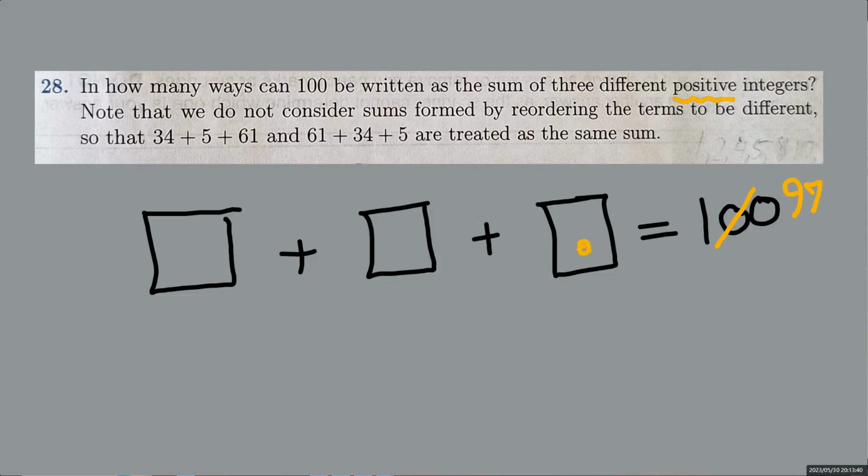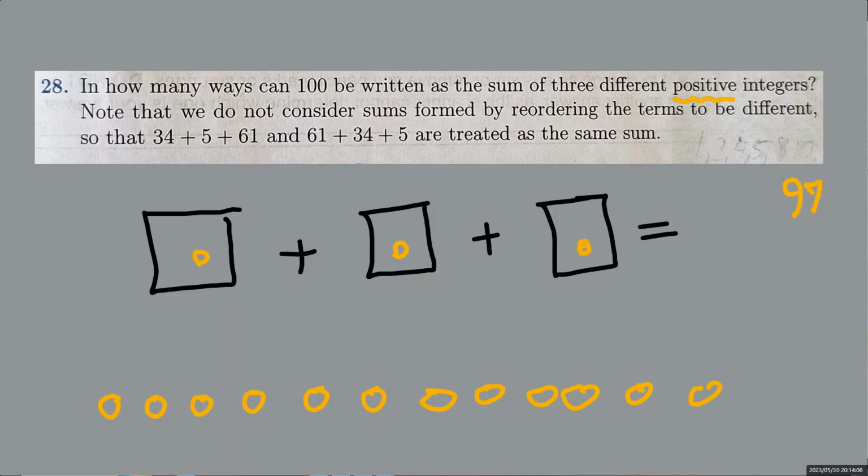We put 1 stone in each one. Now we have 97 stones to deal with. So imagine I just write all of them here, all this 97 stones, and we want to put them in 3 parts.